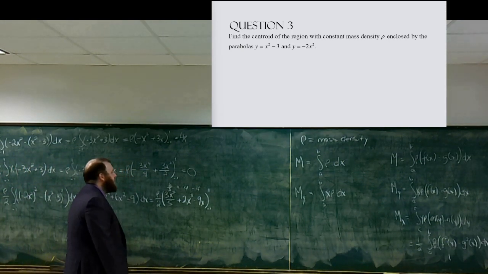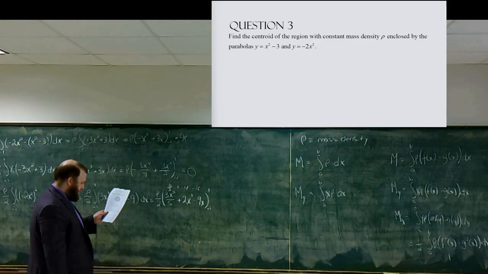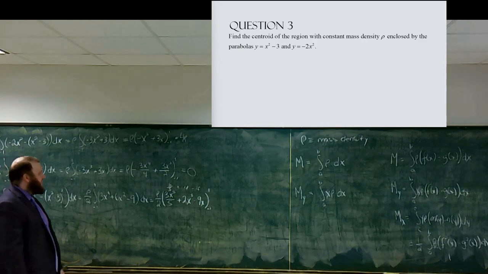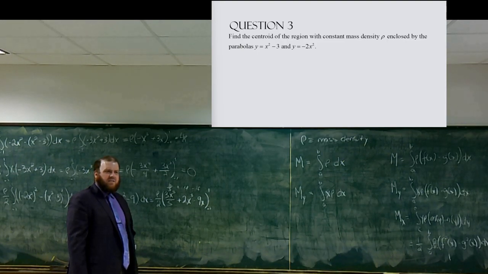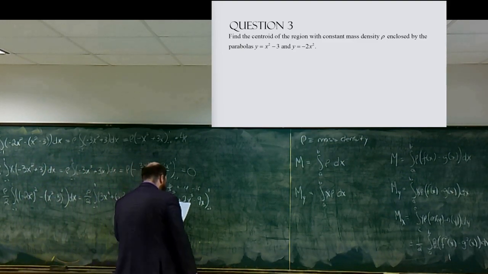Negative 14. So what is 6/5 minus 14? What is it as an improper fraction? So what's 5 times 14? 70.